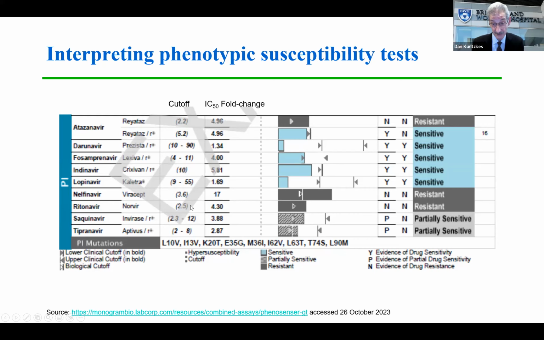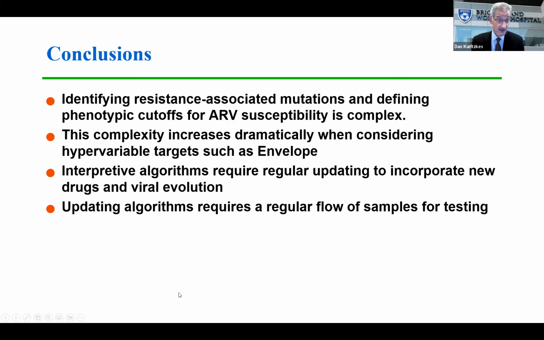The cutoffs are based on the so-called biological cutoff from the 95% distribution of susceptibility of supposedly wild-type viruses. But that makes it really quite challenging to be able to interpret the fold change in any given person's virus. So to conclude, identifying resistance-associated mutations and defining phenotypic cutoffs for antiretroviral susceptibility is quite complex.